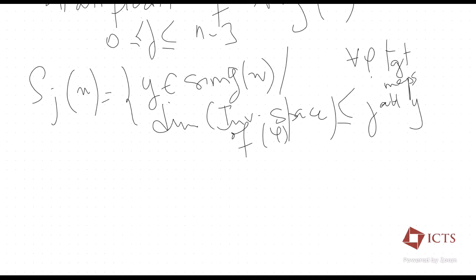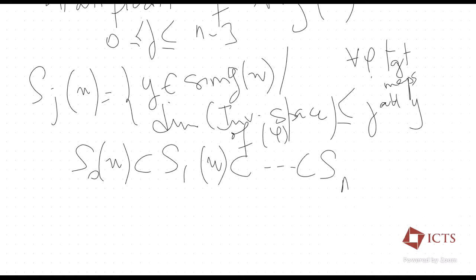Using the various dimensions of these invariant spaces, you can prove that your singular set admits the following stratification: a filtered, nested family, so all of these sets are nested.